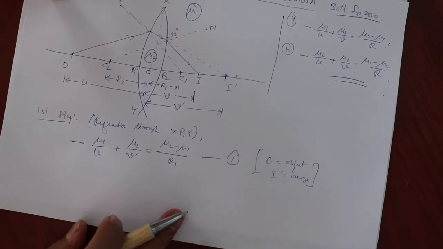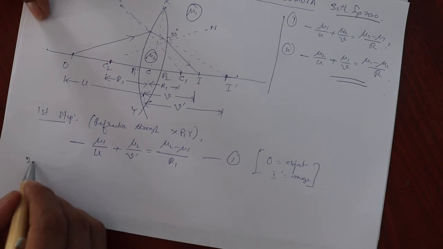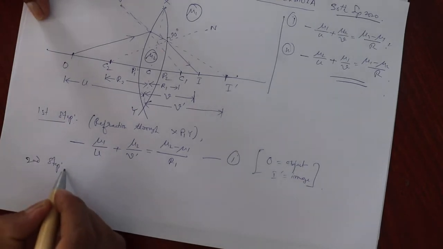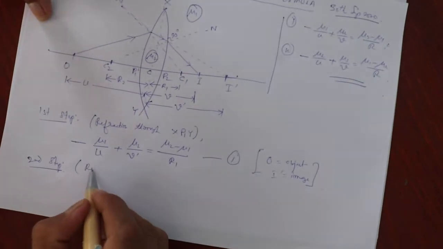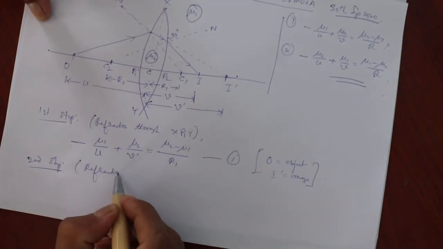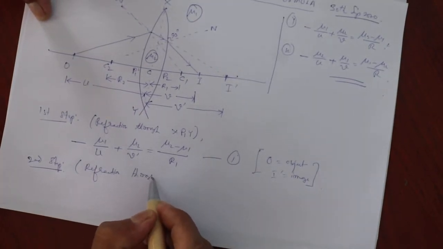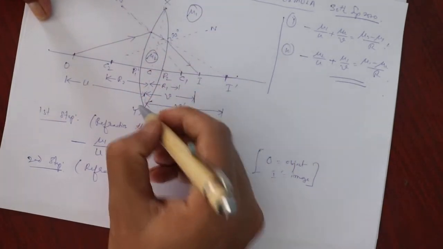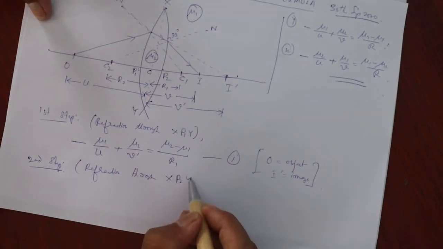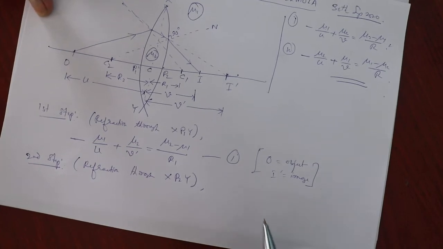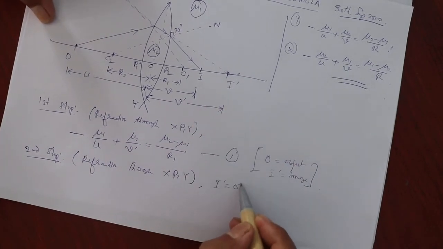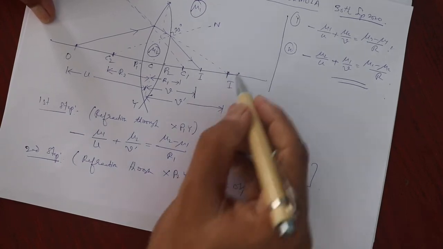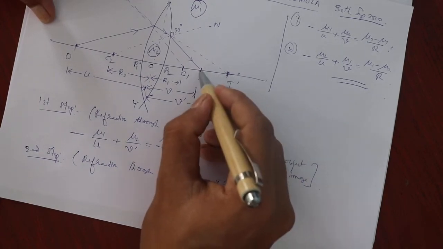Then for the second step, now you talk about the refraction through, this time, the right surface XP2Y. In this situation, I dash will be the object, and I will be the image here.